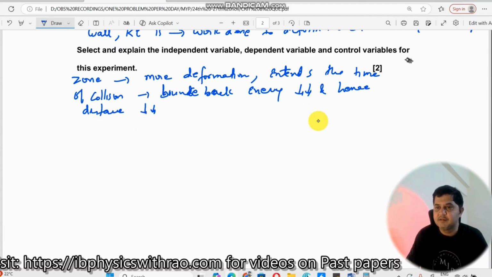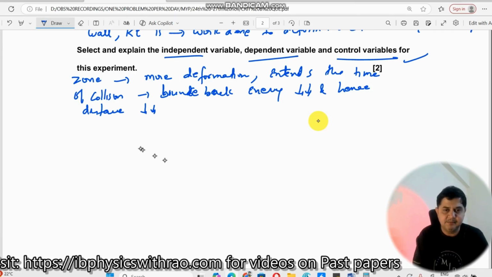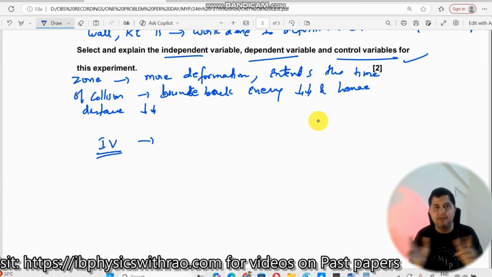Now let me move on to the next one. This question has eaten up the space, but anyway, we can write here. Then select and explain the independent variable, dependent variable, and control variable. What could be your independent variable? You are varying the length of the crumple zone.